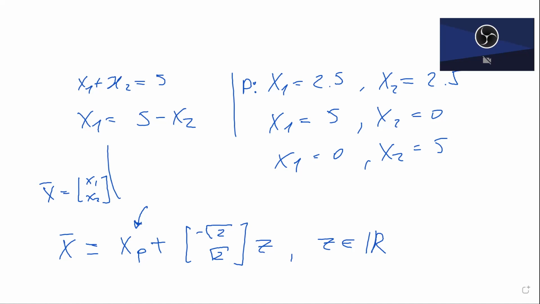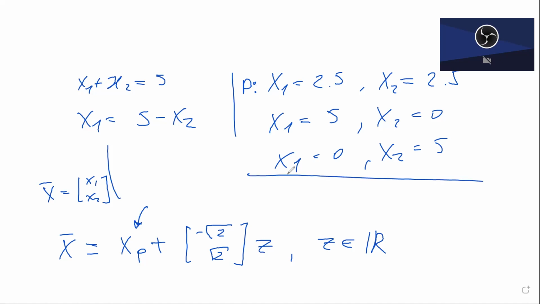Yes, thanks. But is it necessary that the particular solution is the least norm? Not for this example, in general. Like the particular solution for Ax equal b, is it the least norm solution?